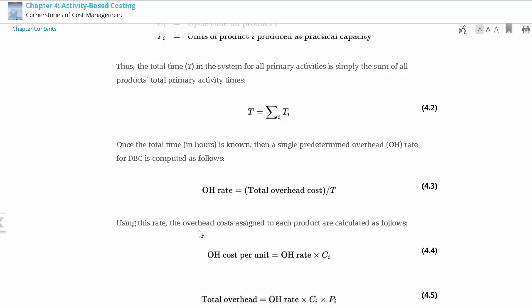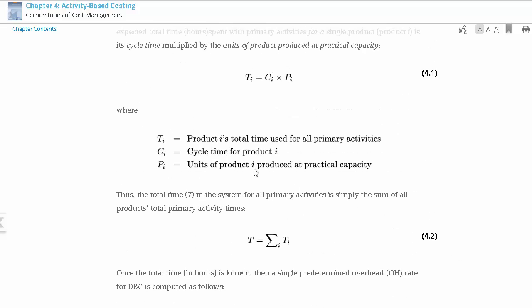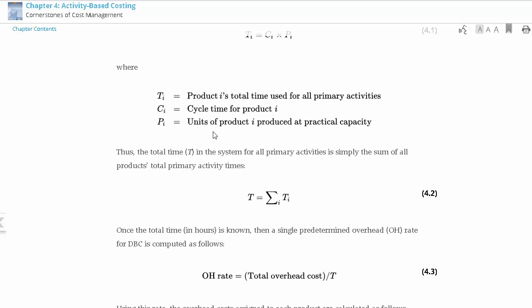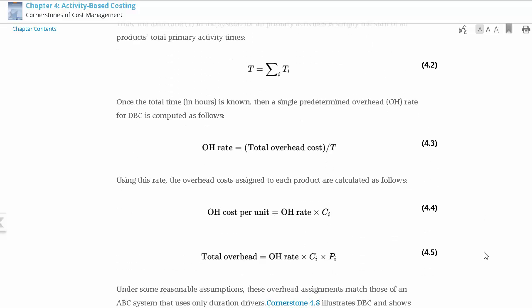The overhead rate would be equal to the total overhead cost divided by T. And using that rate, you can assign the overhead cost to each product by taking the overhead rate times C sub I. And remember, C sub I is the cycle time for that product. So the total overhead would be the overhead rate times C sub I times P sub I. What was P sub I again? The units of product produced at that practical capacity.